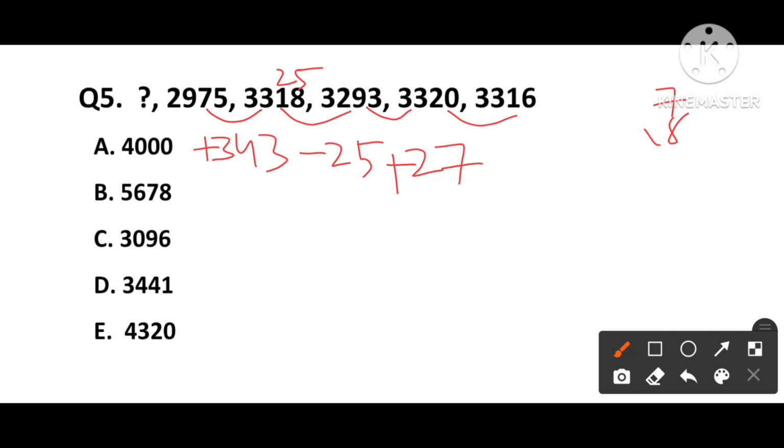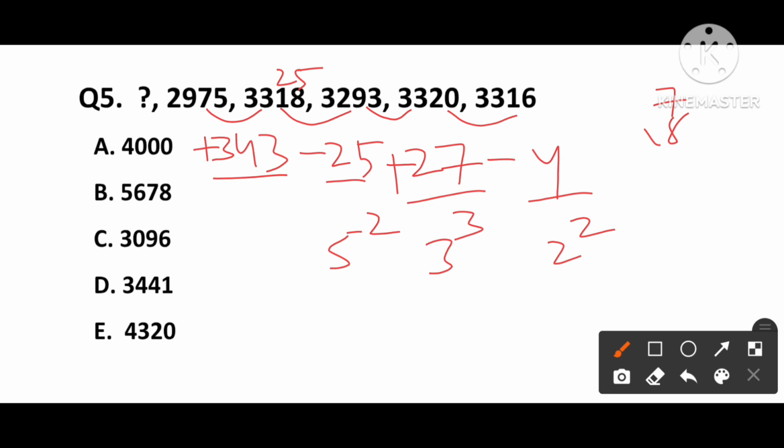Here we see a difference of minus 4. So these numbers are very clear that it is a 2 square. This is a 3 cube. This is a 5 square. This is 7 cube. So prime numbers squares and cubes. So here this must be the difference of 11 cube. 11 square.